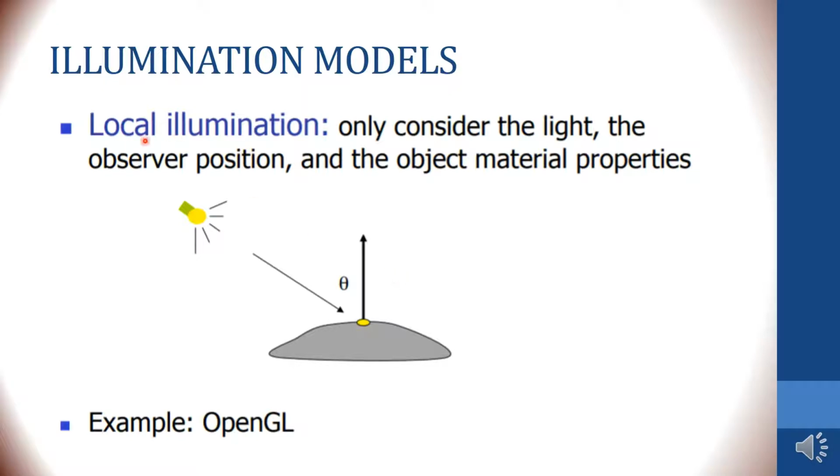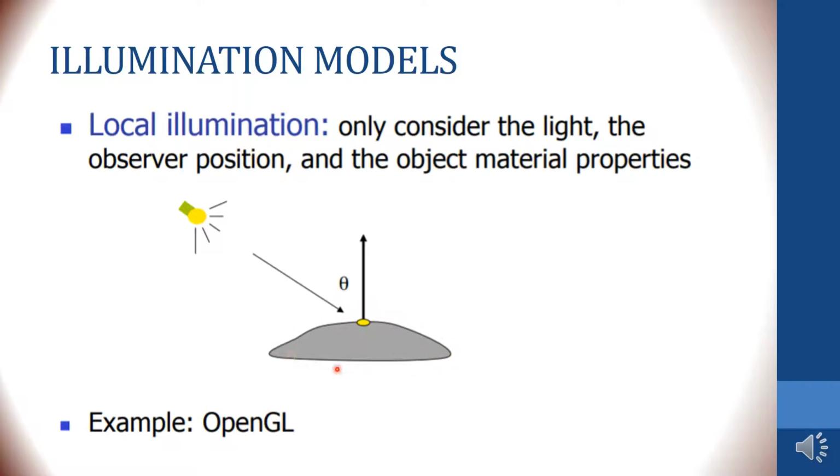Local illumination only considers the light, the observer position, for example if the observer or the eye is here, and the object material properties. So these are the only three things that local illumination considers.